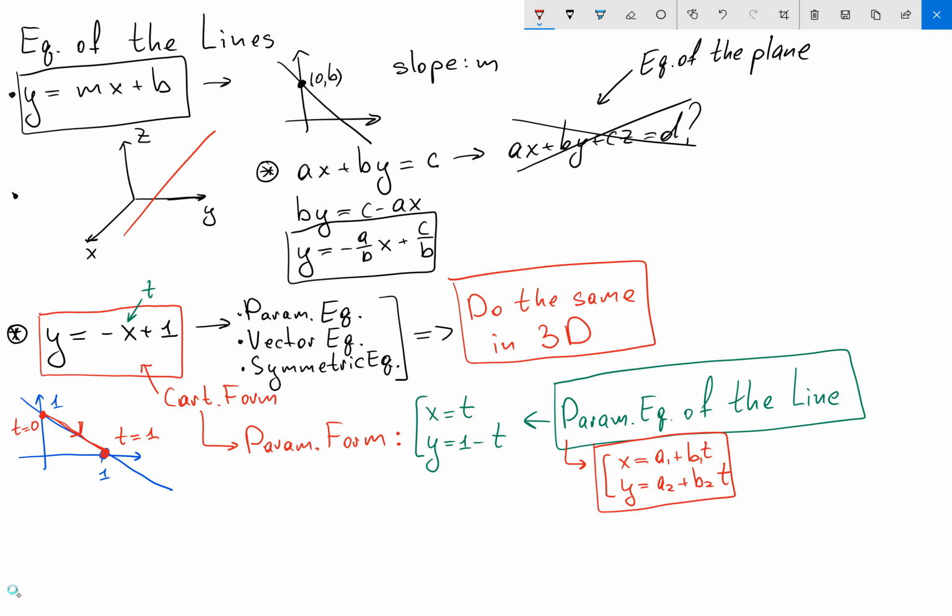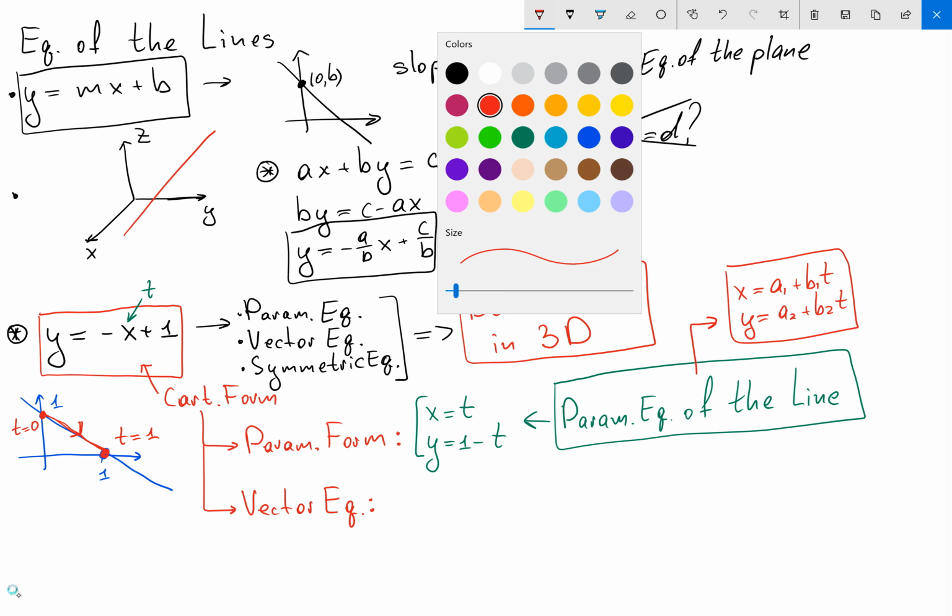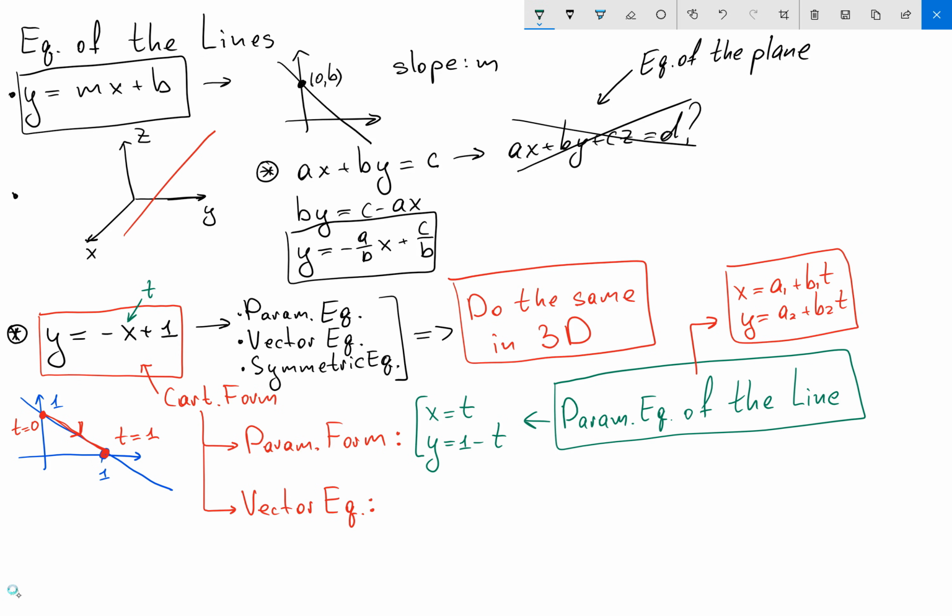Okay, so we derived the parametric form, and let's discuss the vector form, or in other words, the vector equation. For the vector equation, we know that if we have some vector, let's say r, then our vector r has two components, x and y. But we know that my x is t and my y is 1 minus t, so I can replace x with t and y with 1 minus t.